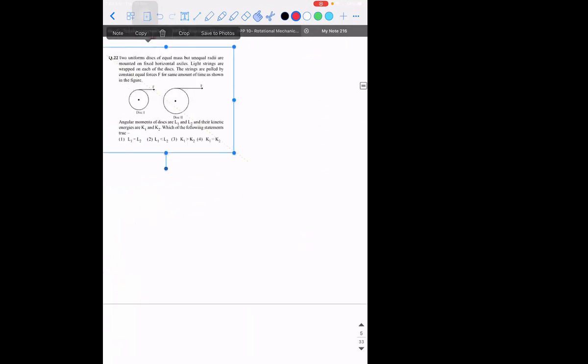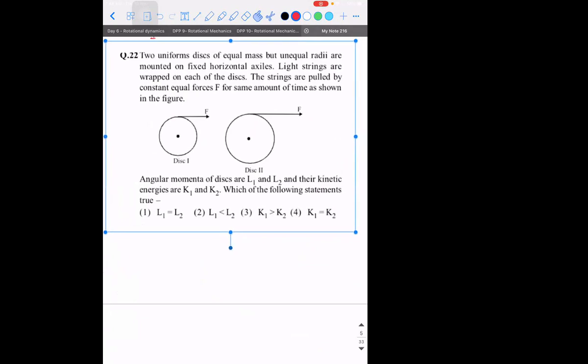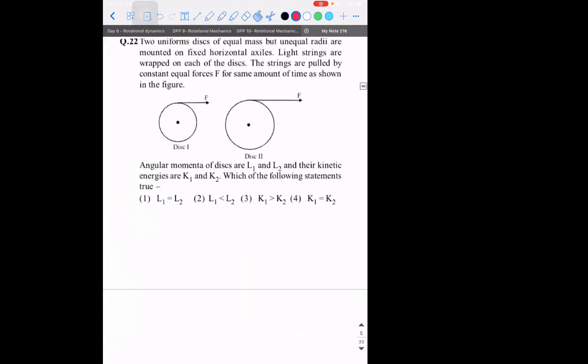One minute. There are two uniform disks. So when they say uniform disks, then their densities are uniform. That is the meaning. Two uniform disks of equal mass but unequal radii are mounted on a fixed horizontal axis.